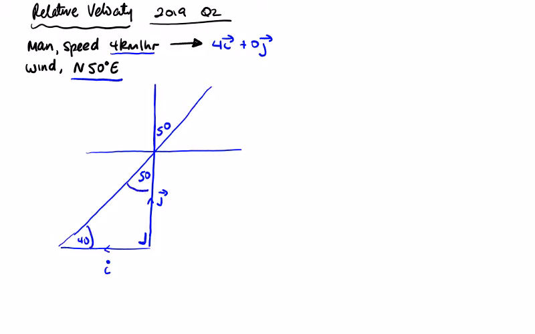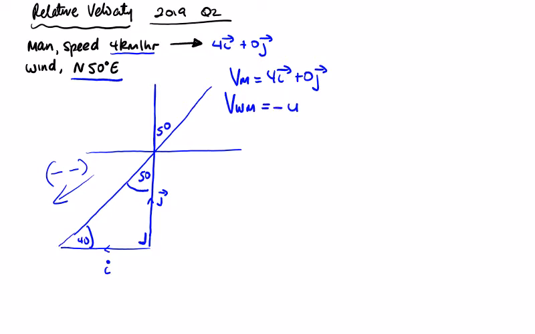So the velocity of the wind relative to the man, let's call the speed of it u, and we can see in this sector it's going in this direction, so it's a minus direction. The velocity of the man is 4i plus 0j. The velocity of the wind relative to the man is minus u.